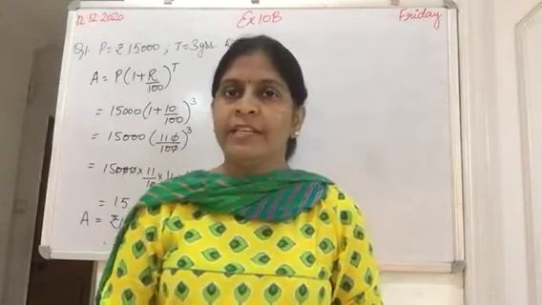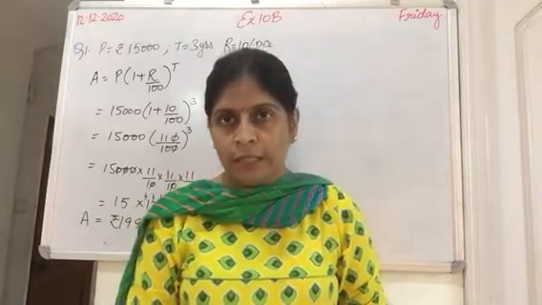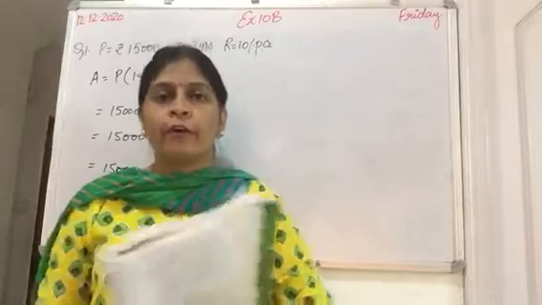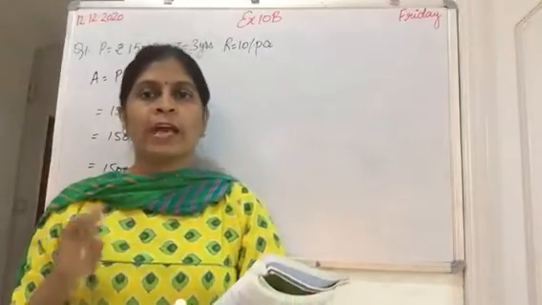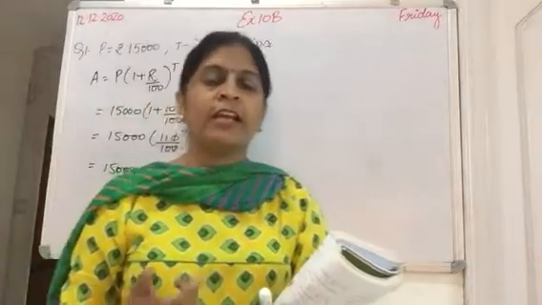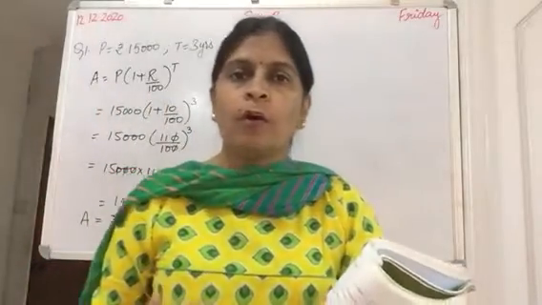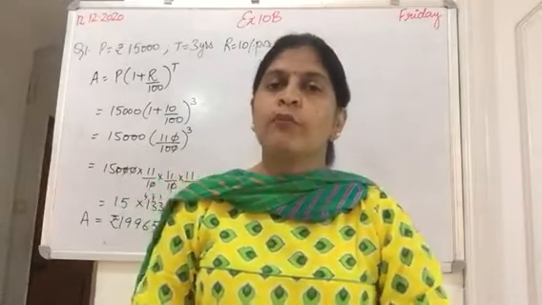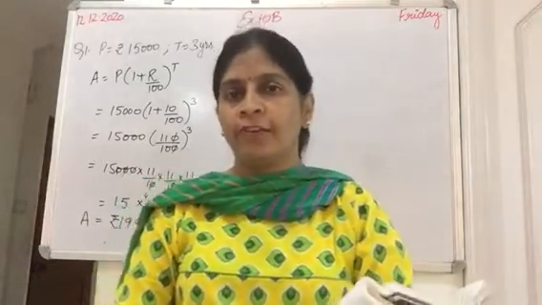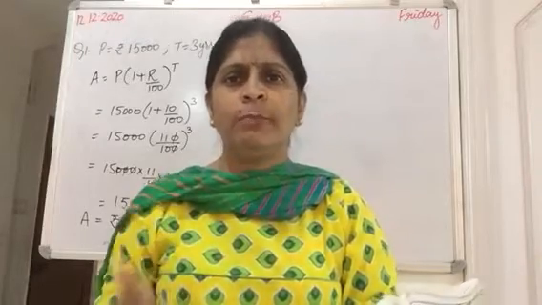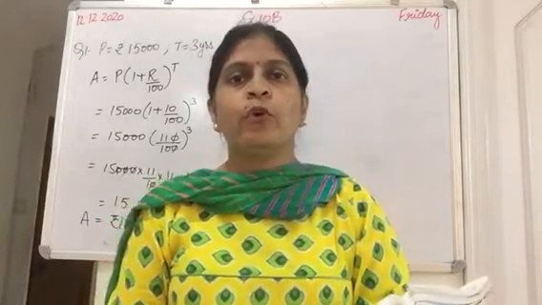Compounded annually means the interest will be charged on a yearly basis. Now it is not easy for banks to calculate it on a yearly basis, so they have said let's calculate it on a half-yearly or quarterly basis also. When interest is charged half-yearly, after every 6 months the interest will be charged, so 2 times in a year.